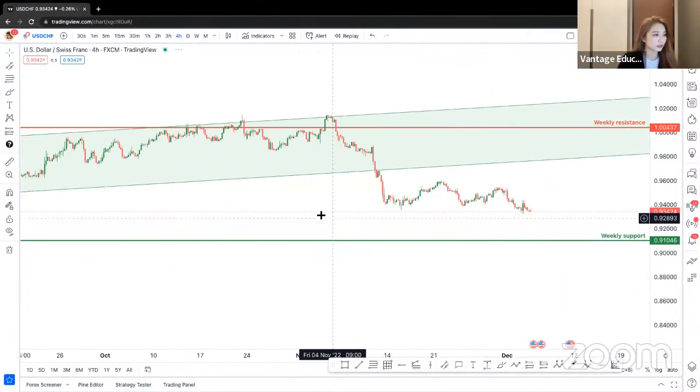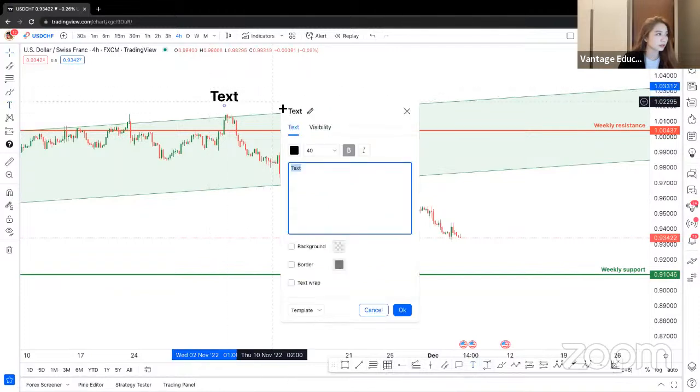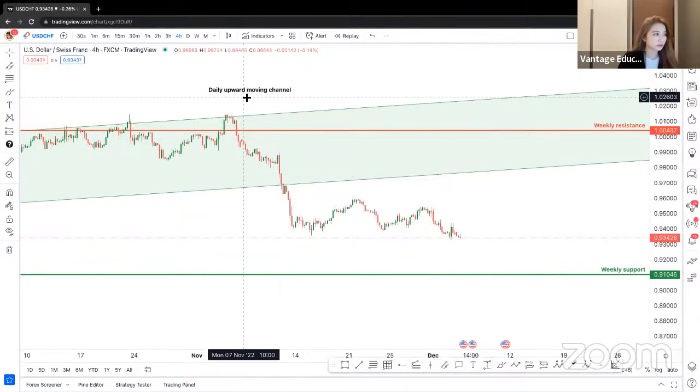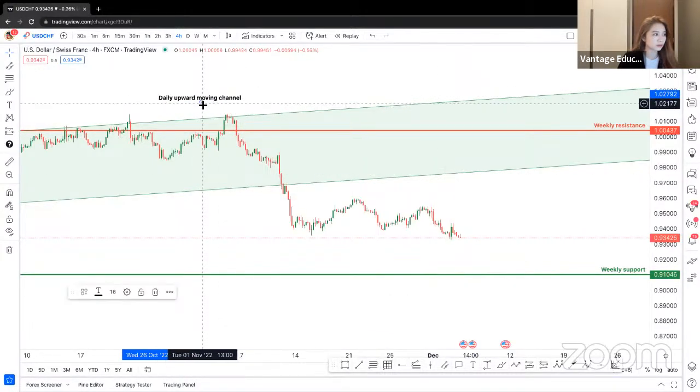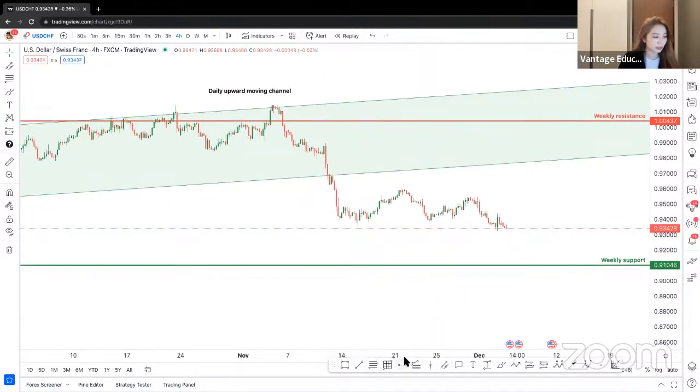Let's look at H4. On the H4 chart, let me just put a text box. So we can see a nice downfall.